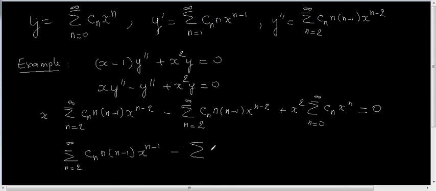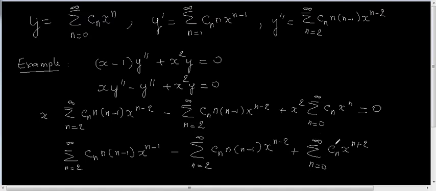Minus the second, which will not change, Cn n(n-1) x^(n-2) from 2 to infinity. And the last one, plus the sum, becomes Cn x^(n+2) from 0 to infinity. And this has to be 0.